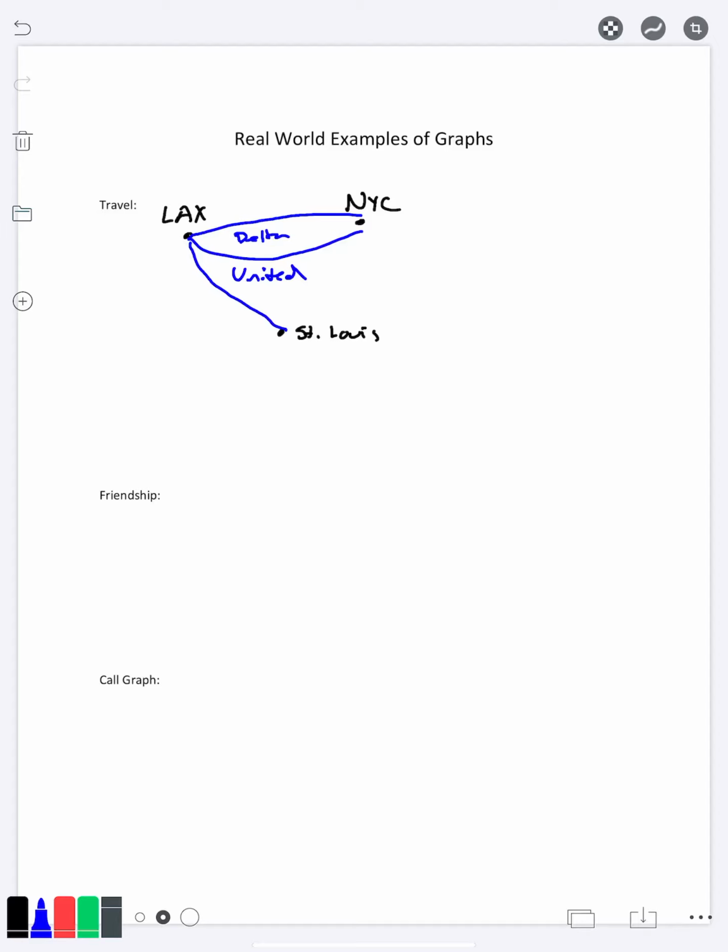We can't get from New York City to St. Louis. How can we solve this problem? Do you want to have another plane route, or do you want to make sure that there's a city in between them, maybe, that you can then have a layover there and go on?